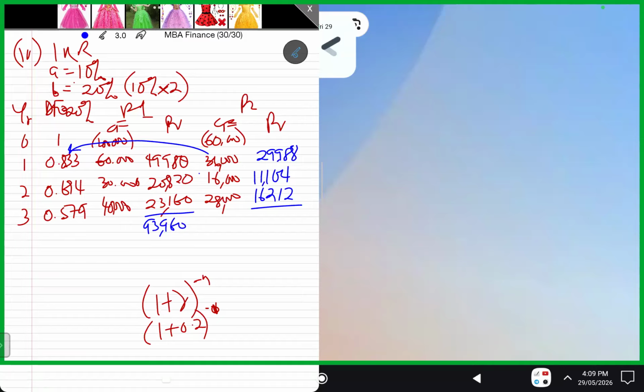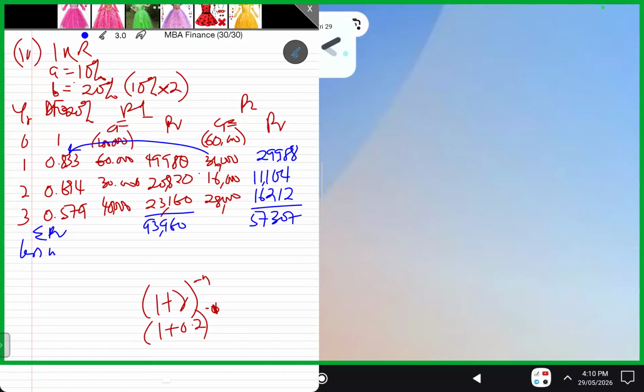Then plant 2: 29,988 plus 11,104 plus 16,212 gives us 57,304. Then we call this the total PV.